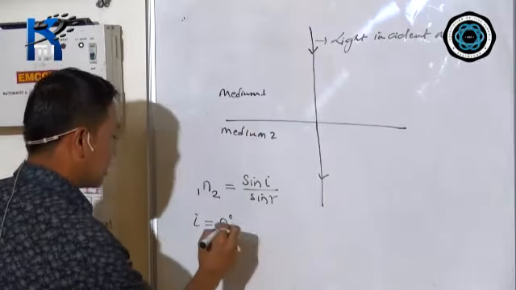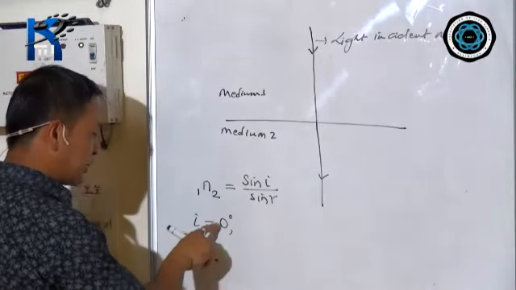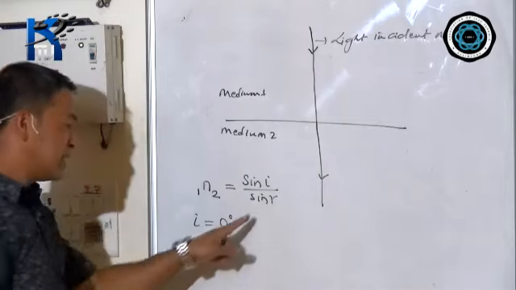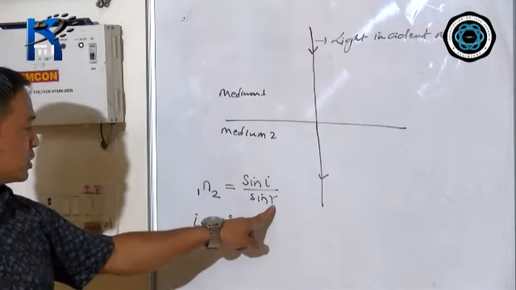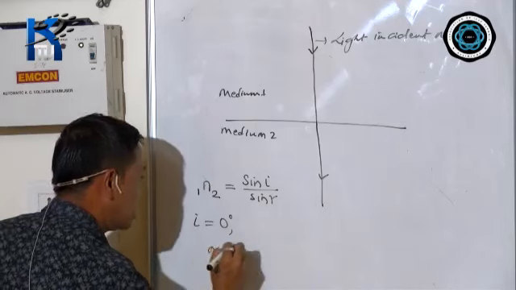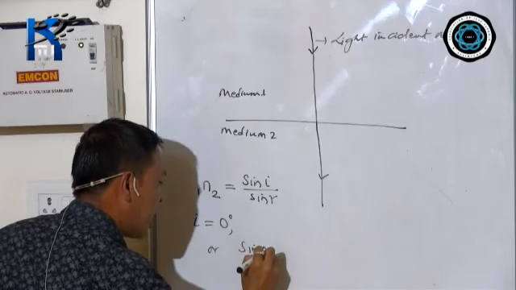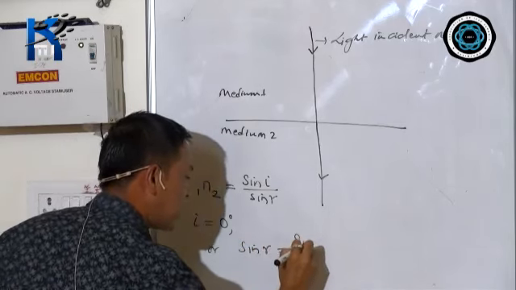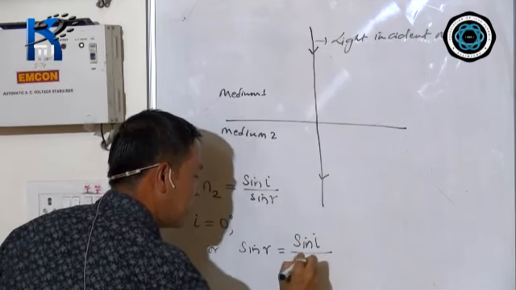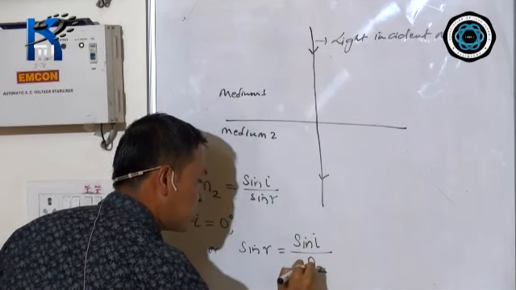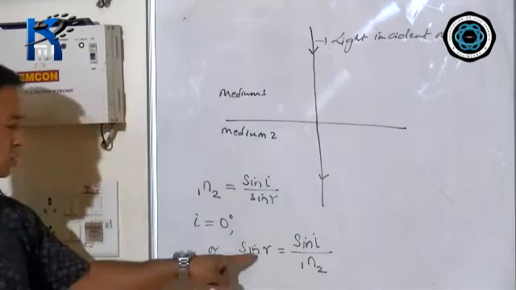So if the angle of incidence is 0 degree, we can calculate the value of the angle of refraction from this relation. I can make sin r the subject, so sin r equals sin i divided by the refractive index of 2 with respect to 1.